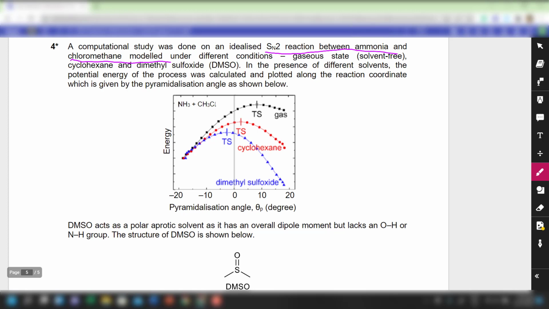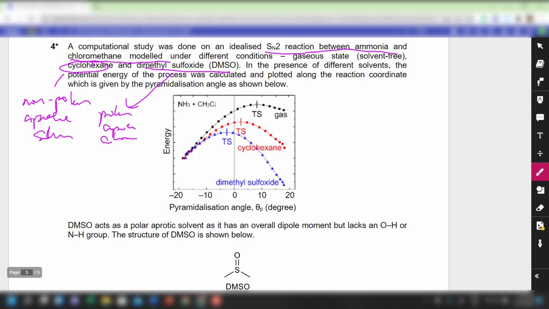If you recall from solvent effects, cyclohexane is an example of a non-polar aprotic solvent, and DMSO is an example of a polar aprotic solvent. In the presence of different solvents, the potential energy was calculated and plotted against the coordinate, which is given by the pyramidalization angle.